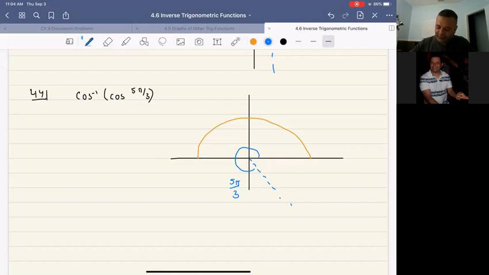Okay. So let's draw a sort of imaginary piece here. And this is not going to give us a valid place to take the cosine inverse, is it? We're going to have to go up here to the x value that goes with it.